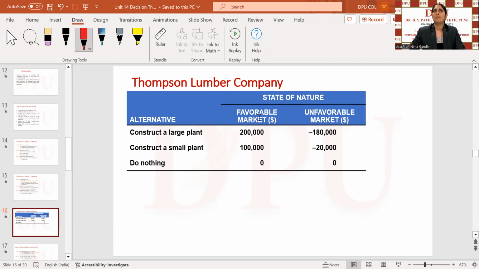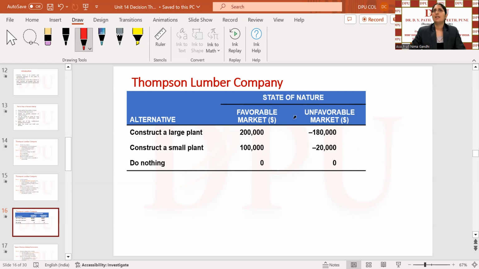$2 lakh. Okay, so if they construct a large plant and the market remains unfavorable for their product, at that time they're facing a loss of $1,80,000. When they go for the construction of the small plant, and the market remains favorable, at that time they are making a profit of $1,00,000.